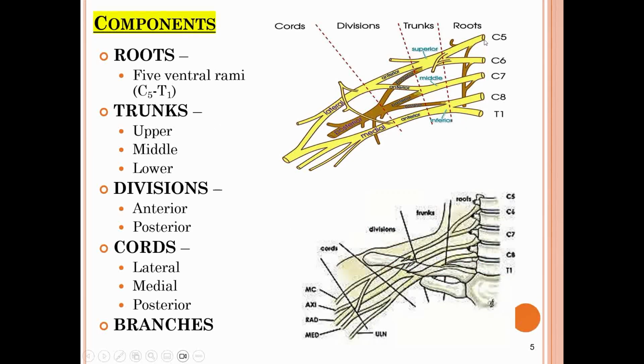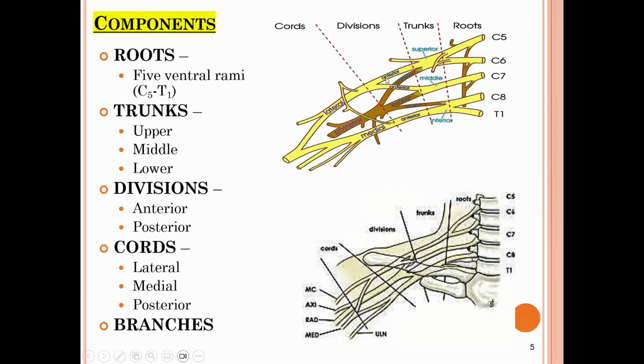Now what are the components of the brachial plexus? You can see here from C5 to T1 these are the roots, and we are specifically mentioning the ventral rami of C5, C6, C7, C8 and T1. From these roots there is formation of trunks: upper trunk, middle trunk and lower or inferior trunk. From the trunks there is division, anterior division and posterior division.